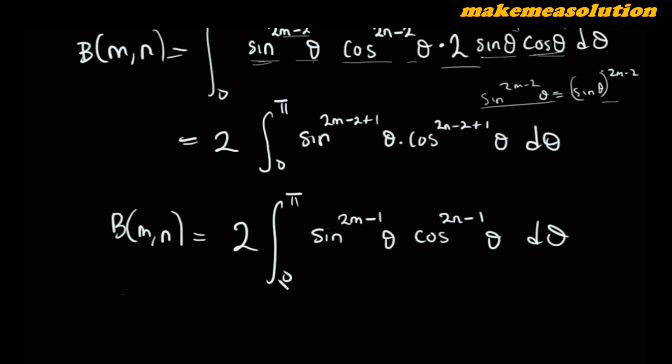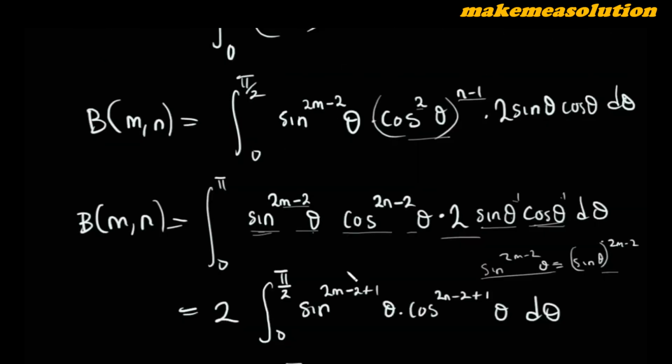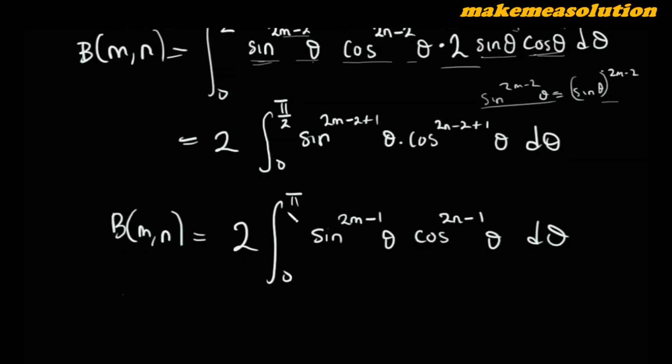And some of us might be asking, why do we need a trigonometric representation of beta of m comma n? I'm sorry, I was too fast. Because there are some integrals that come in trigonometric form that we could express in terms of this beta function.